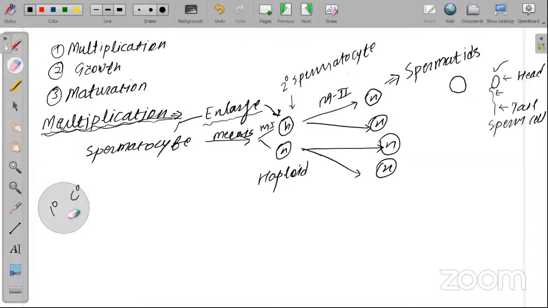I have used 1 degree to mention primary, and 2 degree, you can see here, means secondary. So secondary spermatocyte, and this is primary, don't worry, this is a primary spermatocyte. So this is the complete process up to development of spermatid.